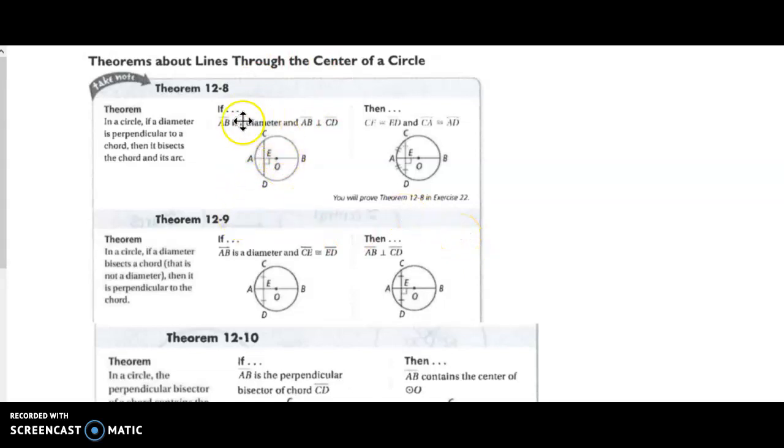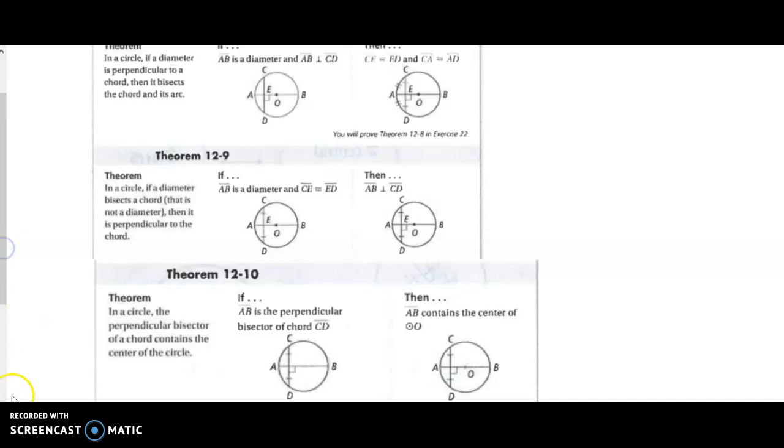If AB is a diameter, and AB is perpendicular to CD, then what happens is you have CE and ED, those parts of the chord, are congruent, as well as CA is congruent to AD, those arcs. Read through these theorems here. Again, I might make another video going over these.